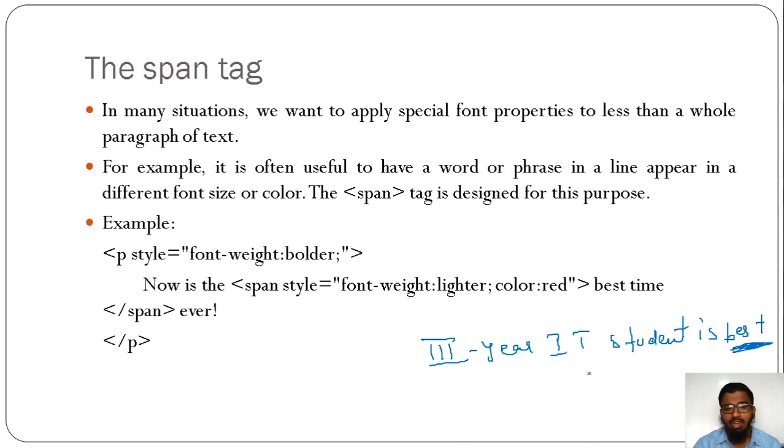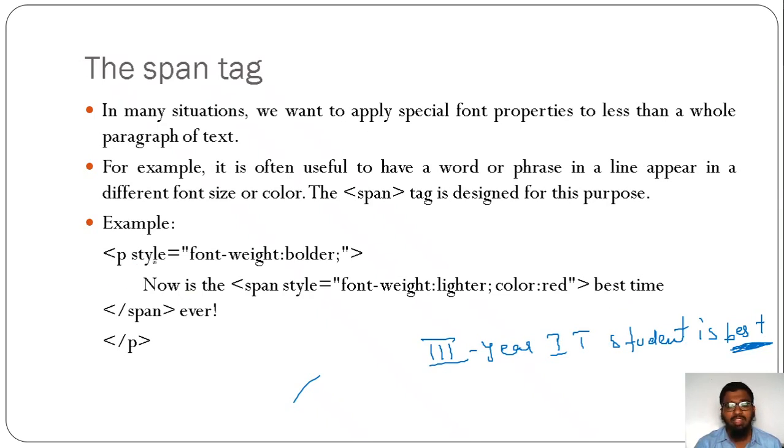For that you can use the span. For example, it is often used to make a word or phrase in a line appear in a different font size or color. The span tag is designed for this purpose. Like I told you, this is my sentence, paragraph or phrase, and here I want to highlight the best.